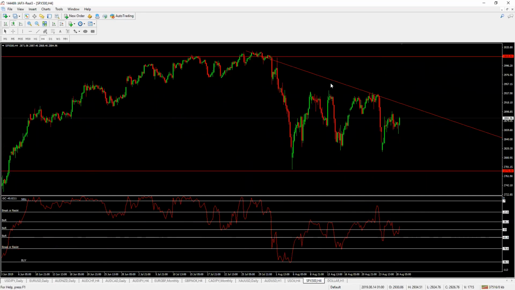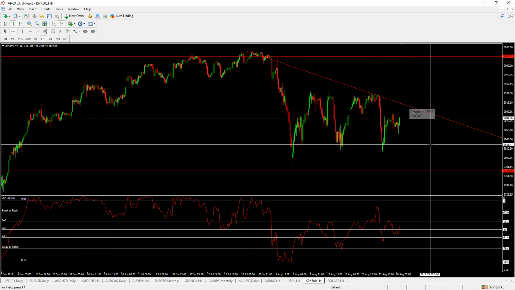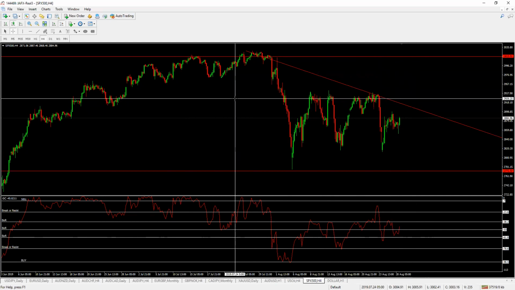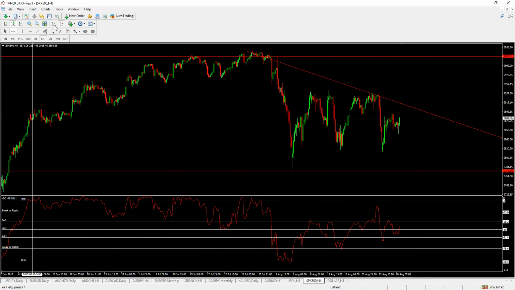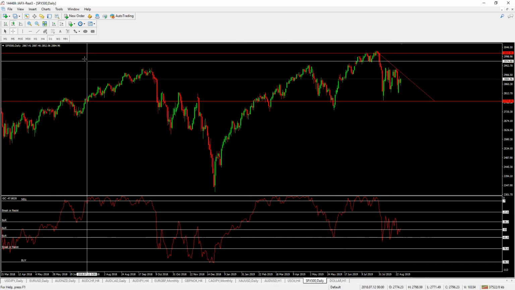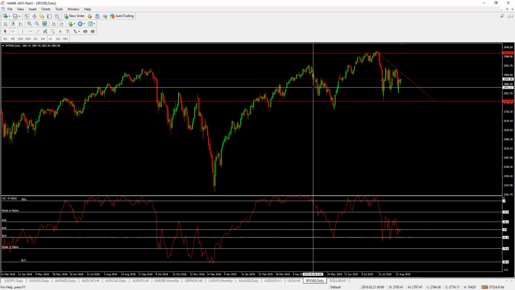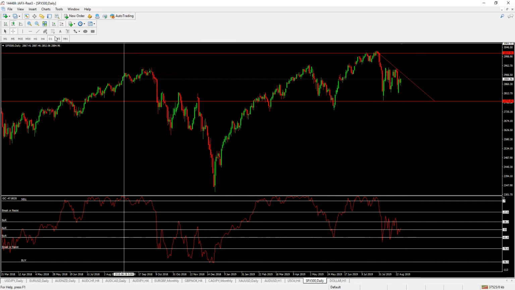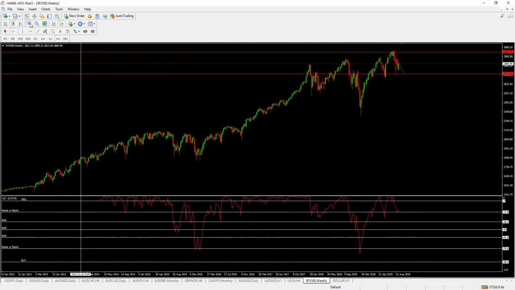Right when this hits this trend line, we're going to experience a bearish movement. I can definitely see the bearish movement happening because of what I see on the daily. We have a nice formation that's happened. It's trying to go up there for another touch.